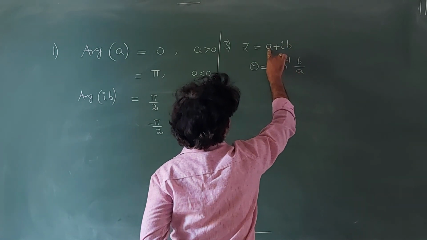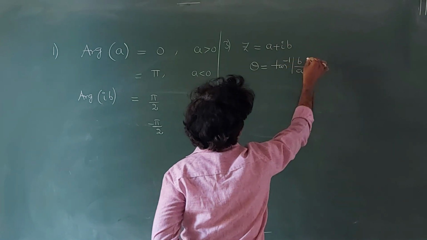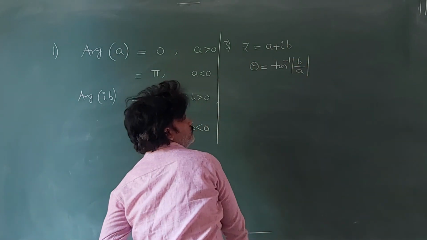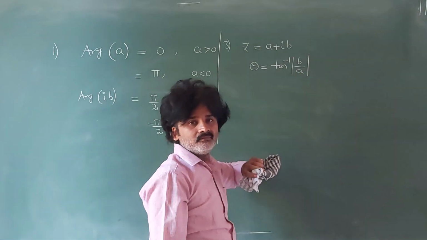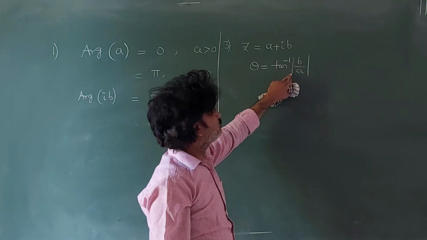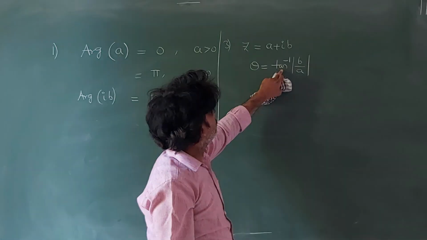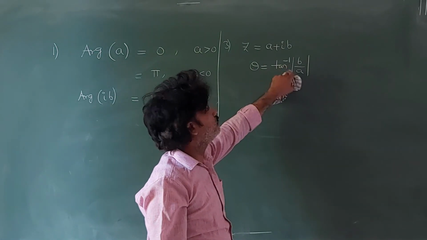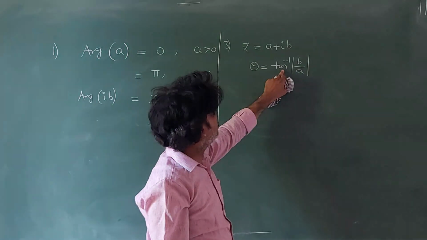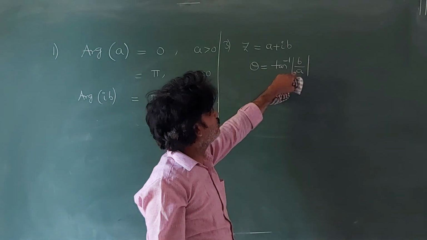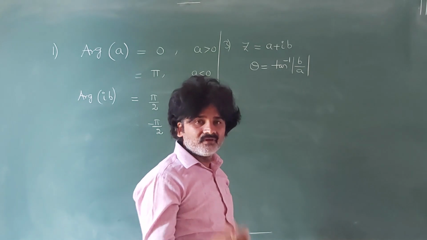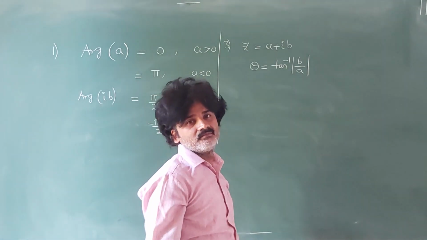Even if they are negative, remove the negative, that is, take the modulus, only the positive value. If you did not understand the inverse, from the simple tan theta equal to mod b by a, send this tan inverse to that side: tan theta equals mod b by a. From that, find the theta value first.